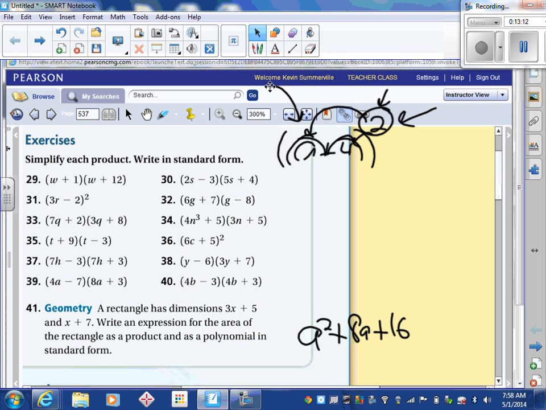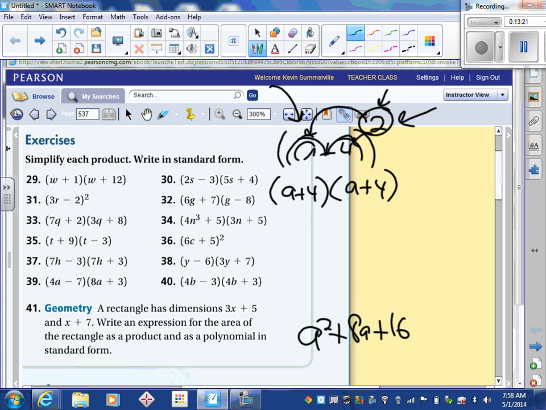Let's take a look at doing the FOIL method. That's A plus 4 and A plus 4. That's what this means up here. You have it twice. A times A, squared. That's the first. The outer, A times 4, 4A.